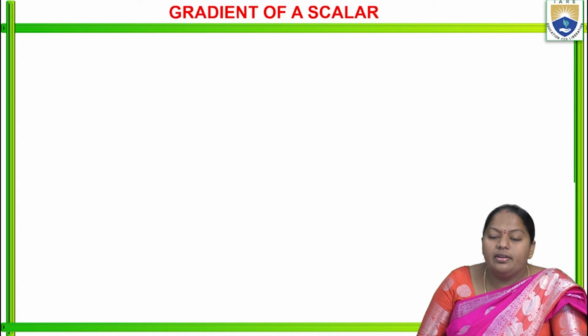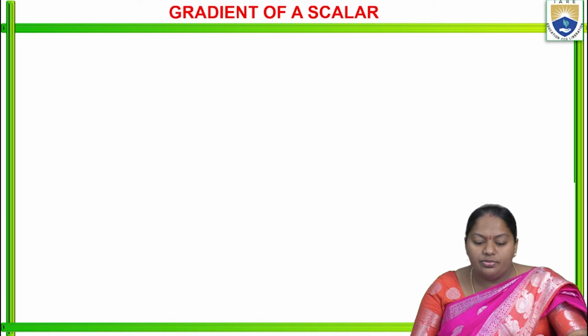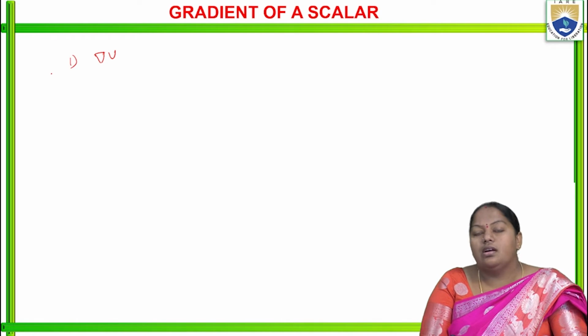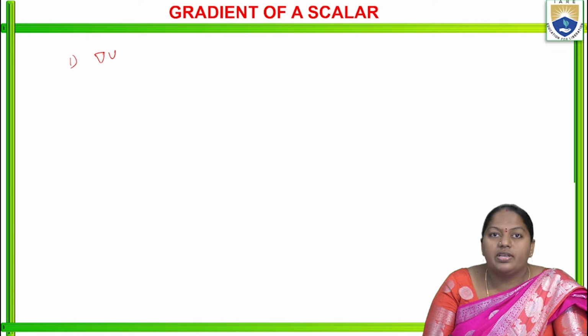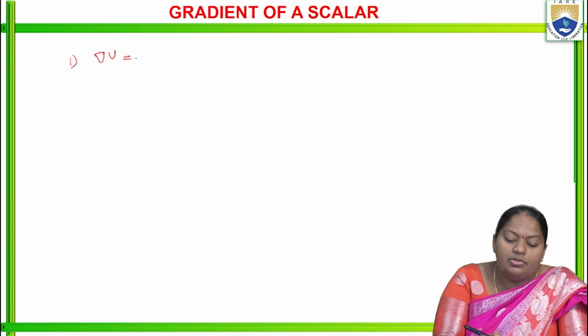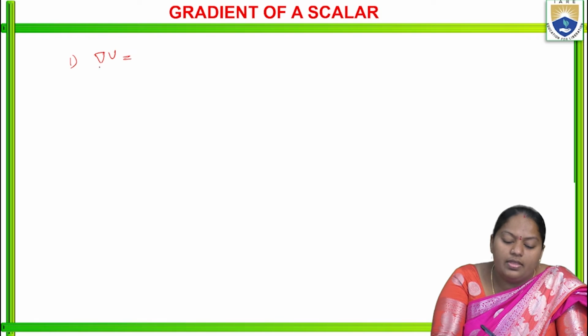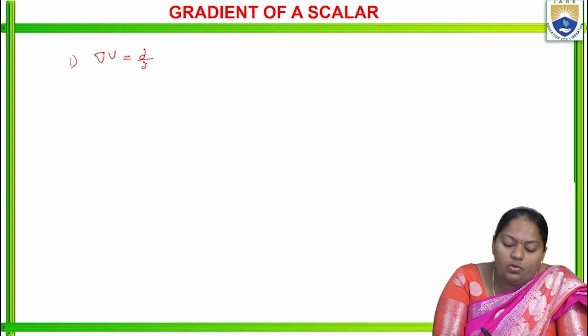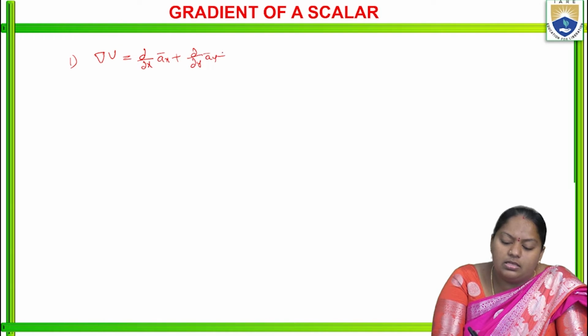Next one, gradient of a scalar. To write the formula for the gradient of a scalar, we use the notation del V. For the first case, the Cartesian coordinate system, the variables are x, y, z. Then first we have to write the gradient operator or del operator: dou by dou x into ax plus dou by dou y into ay plus dou by dou z into az.